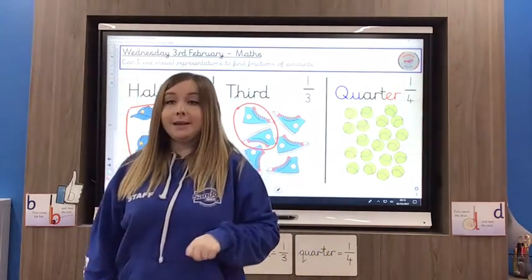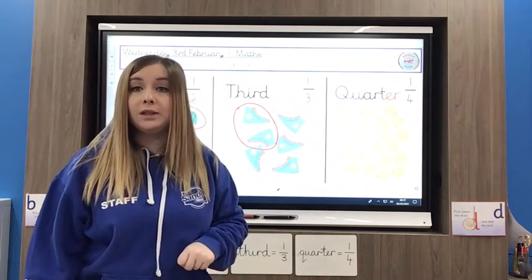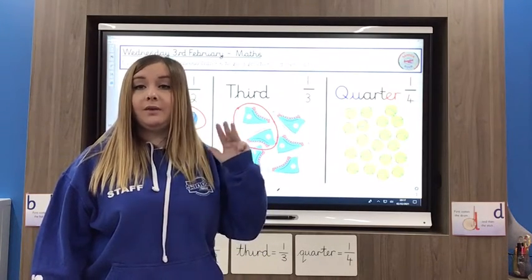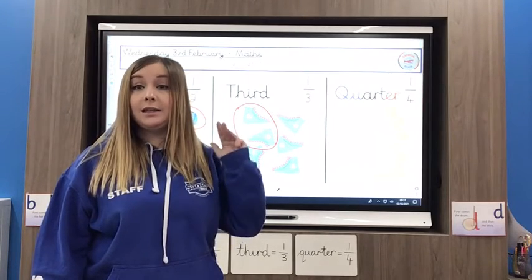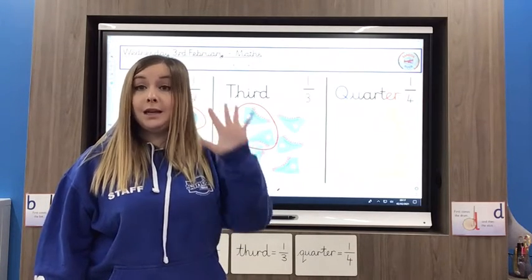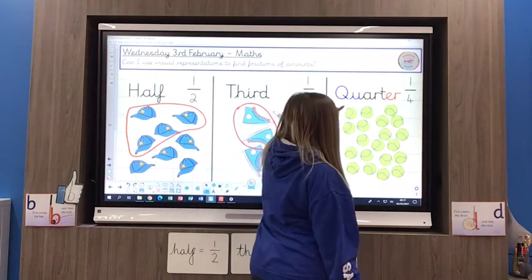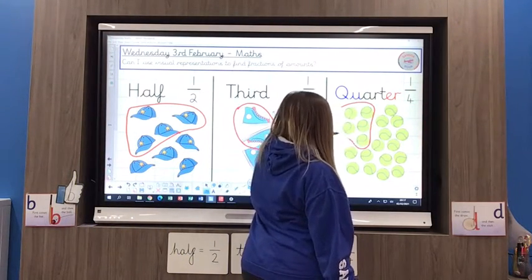So we've got 20 and we're going to count in our 4's until we get to that number. 4, 8, 12, 16 and 20. So 5 times. So I'm going to circle 5 balls.